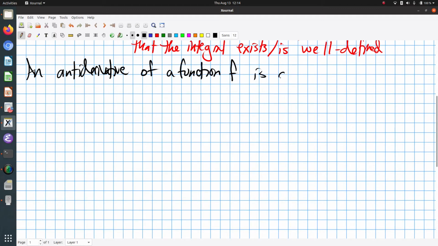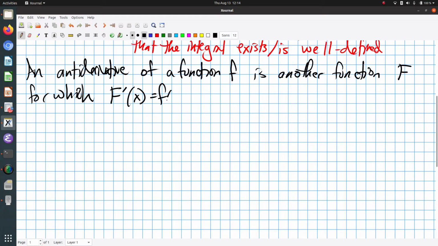f is another function, capital F, for which F prime of x is equal to f of x for all x under discussion.